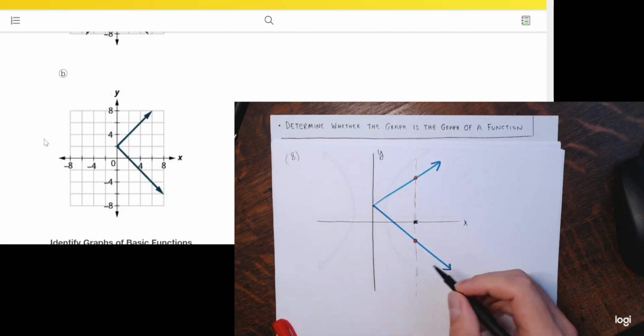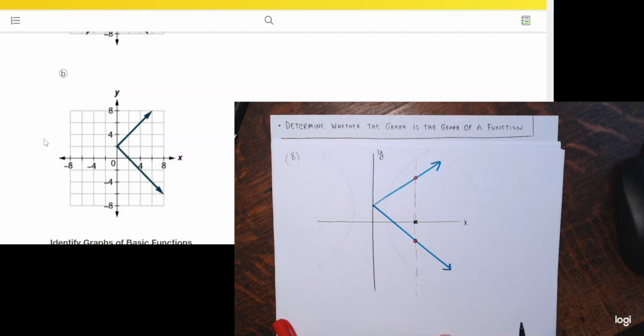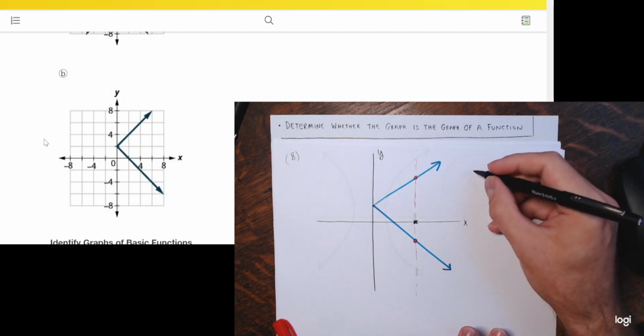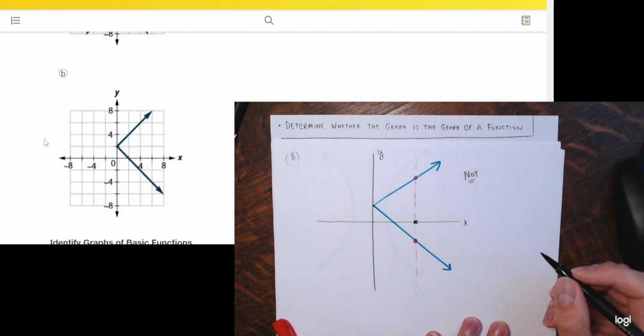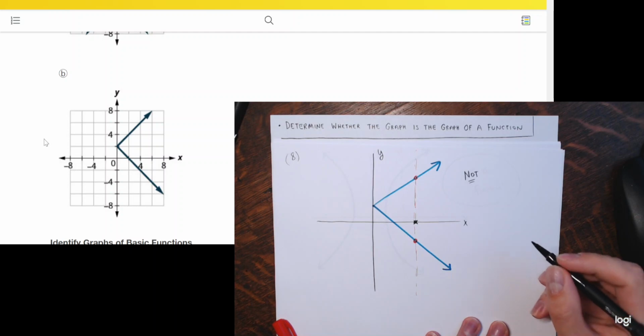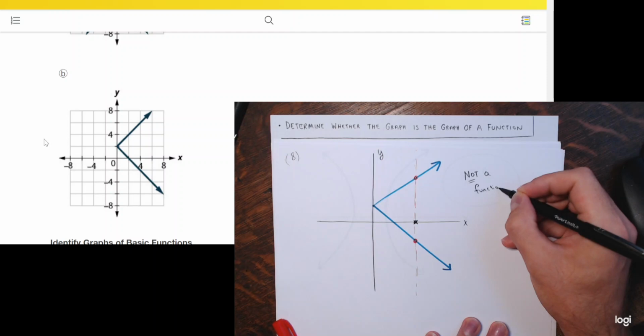This value of the domain is assigned to more than one value of the range. That does not satisfy the definition of a function. And one more time, for a function, every value of the domain is assigned to exactly one value of the range. So again, we have a graph here that's not the graph of a function.